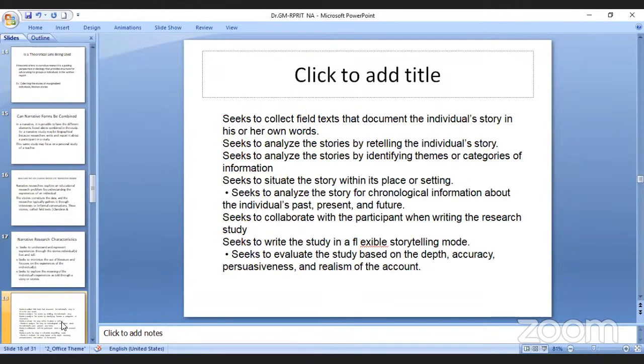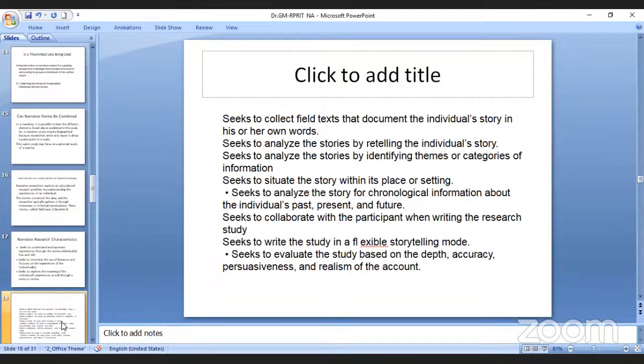Then it seeks to collect field text that documents the individual's story in his or her own words. The individual has to write in his or her own words. There are no grammatical errors to worry about; the story's meaning is what is important.